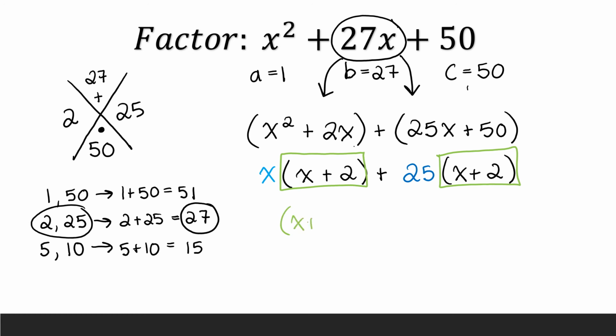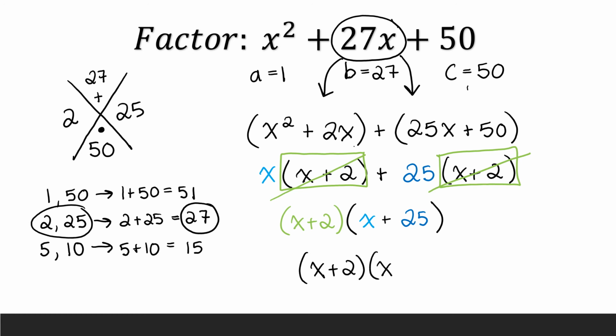So I have x plus 2 times, well, when I factor out that x plus 2, I'm left with an x in my first group, plus when I factor out x plus 2 in my second group, I'm left with 25. So my final answer is the quantity of x plus 2 times the quantity of x plus 25.